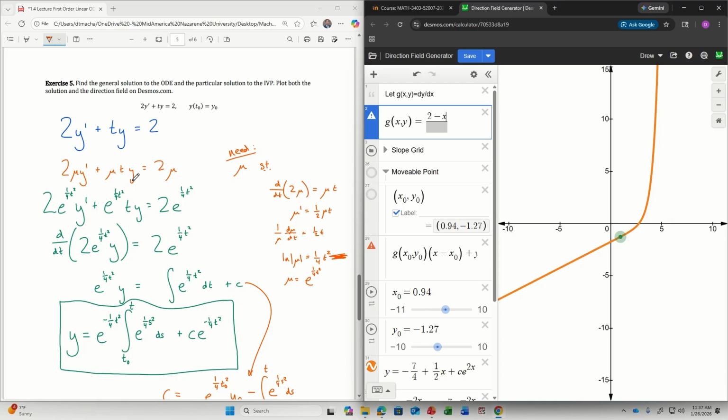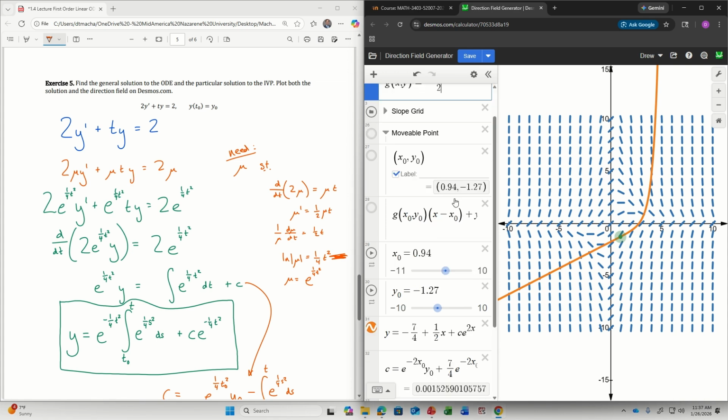So it's going to be 2 minus xy divided by 2 for my direction field, for my ODE.